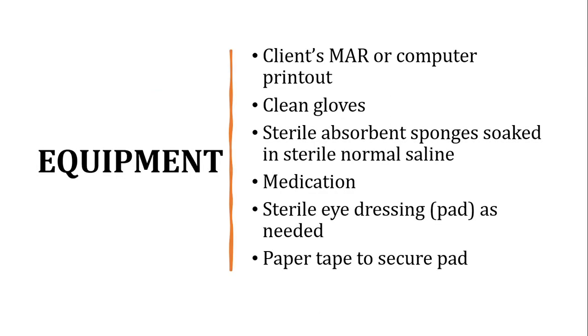The equipment that will be used for ophthalmic instillations are the client's MAR or medication administration record or computer printout, clean gloves, sterile absorbent sponges soaked in sterile normal saline, medication, sterile eye dressing or pad as needed, and paper tape to secure the pad.